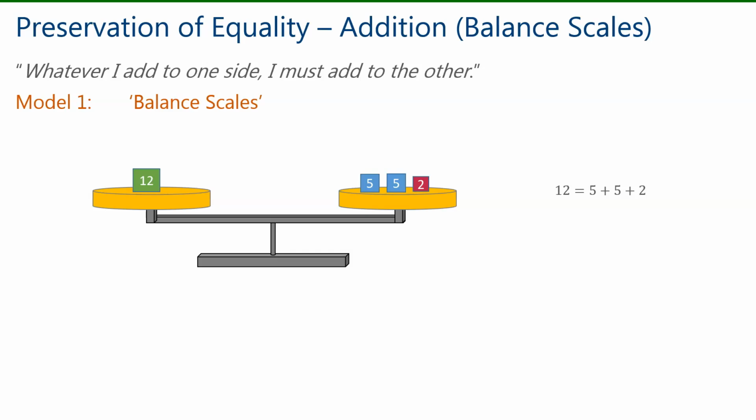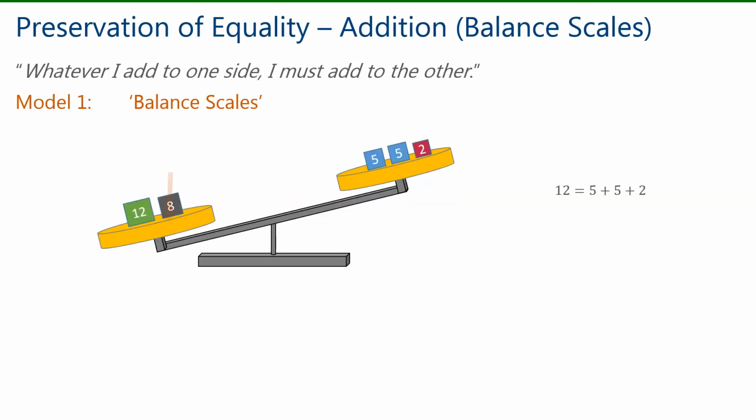It's balanced out. However, if I add a mass of 8 to the left, you obviously see that that left-hand side now has more mass. It is no longer balanced with the right-hand side. 12 plus 8 does not equal 5 plus 5 plus 2. To maintain the balance, well, what do I need to do?